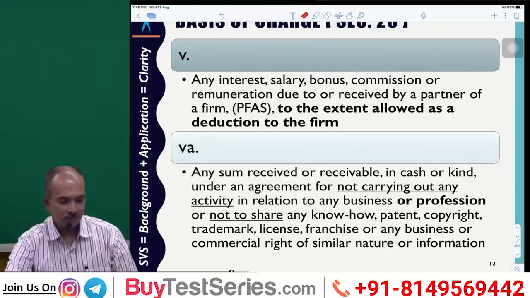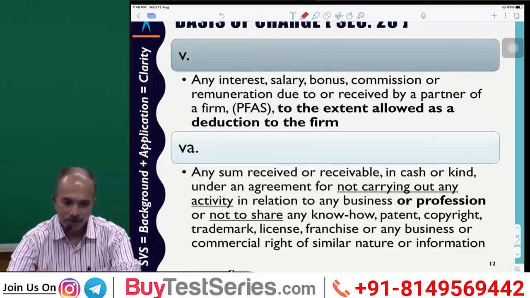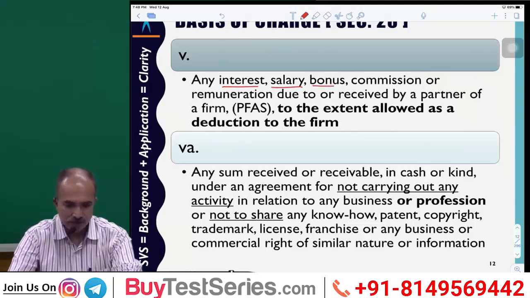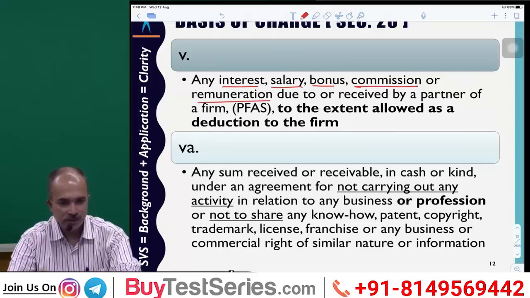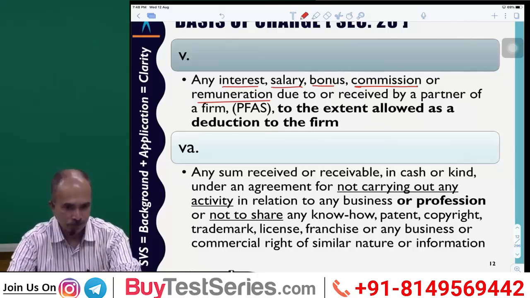28 Roman 5. 28 Roman 5 says, if you are a partner in a partnership firm, then any interest, salary, bonus, commission or remuneration received from your own partnership firm is your income under business profession.